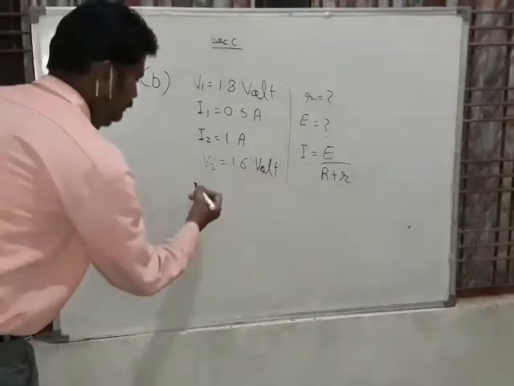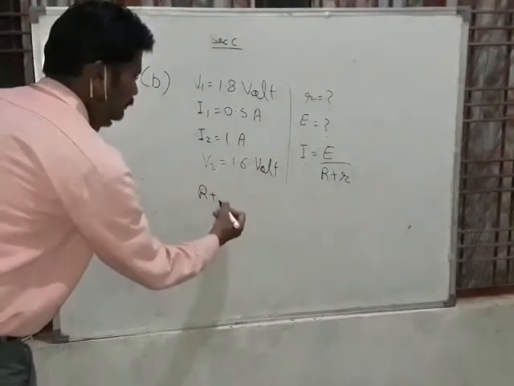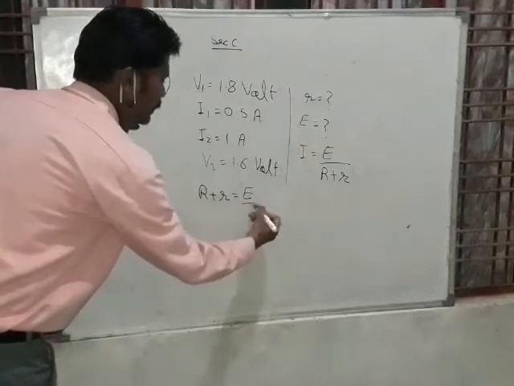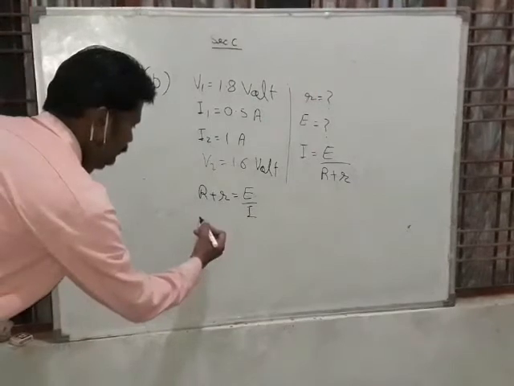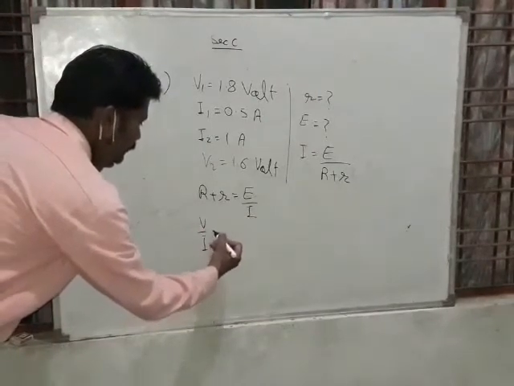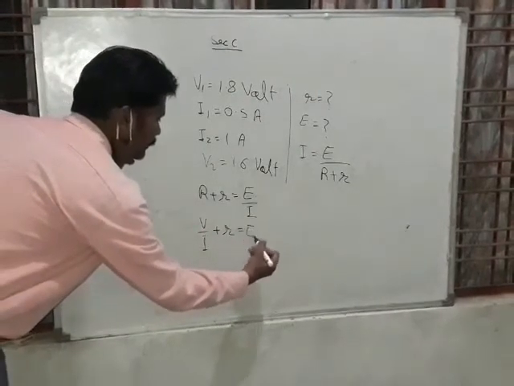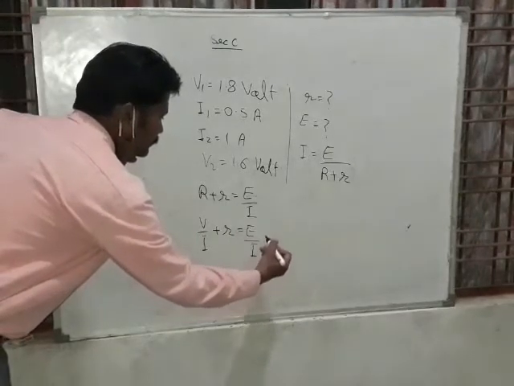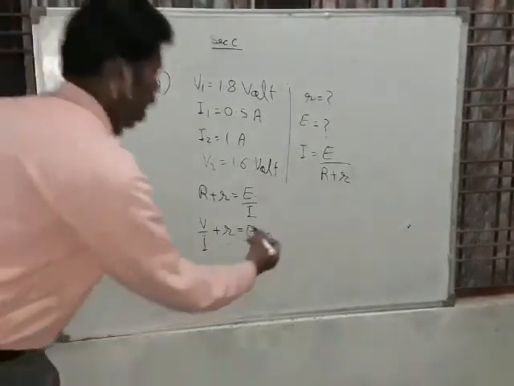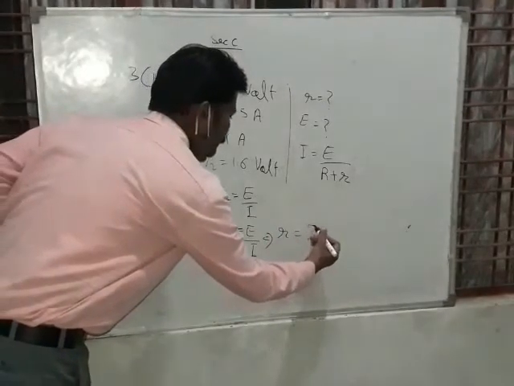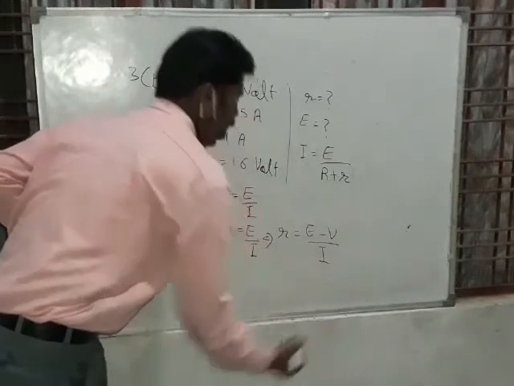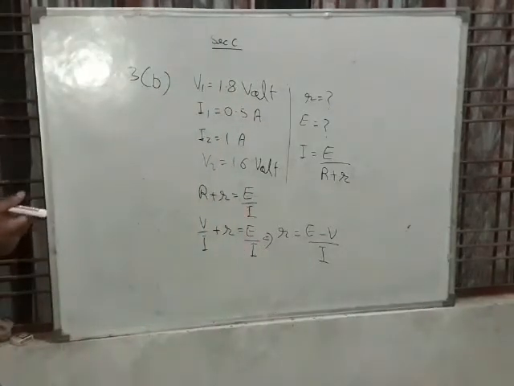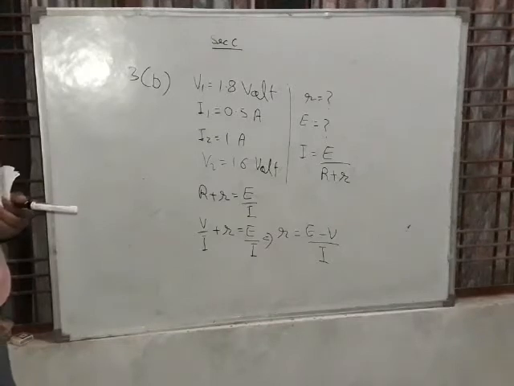It can be written as capital R plus small r equal to E upon I. By Ohm's law, V upon I plus small r equal to E upon I. This implies that small r equal to E minus V upon I. We will use this formula for different potential and different currents.